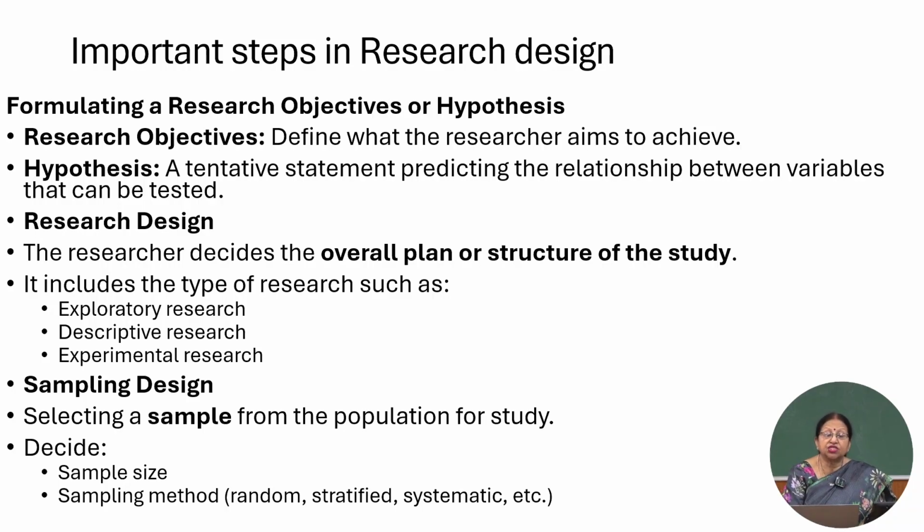Then comes research design. The researcher decides the overall plan or structure of the study. It includes the type of research, such as whether he wants to do exploratory research, descriptive research, or experimental research.